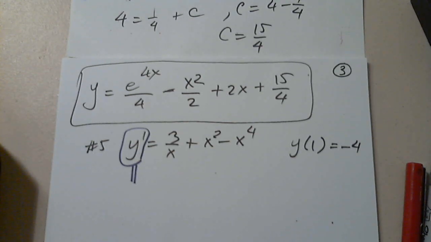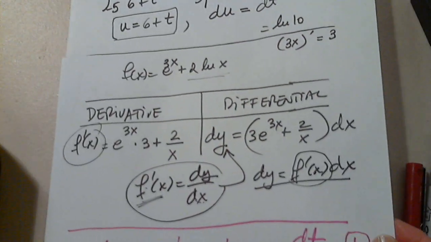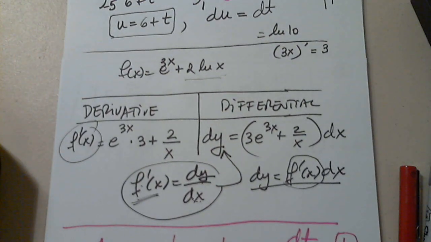I'm sorry, my apologies. I cannot write dy. Maybe d of u? No. So let me go to the first page. Can anyone tell us what is the other notation for f prime or y prime?